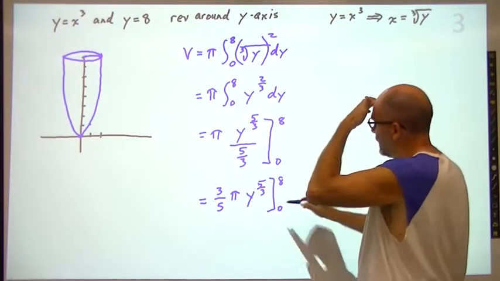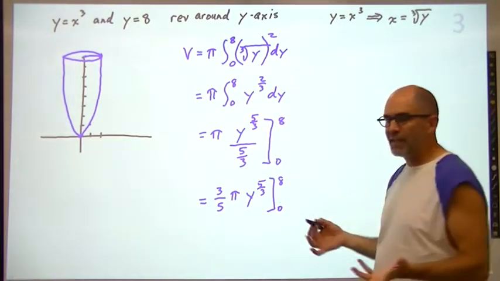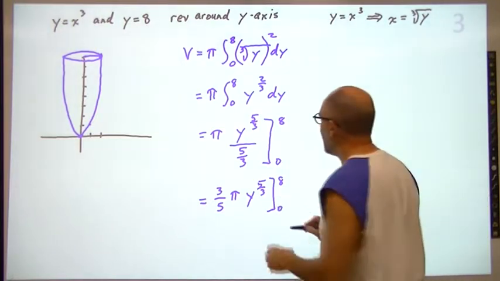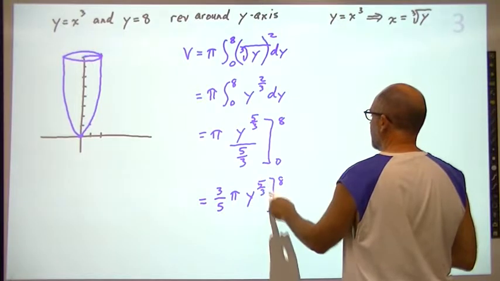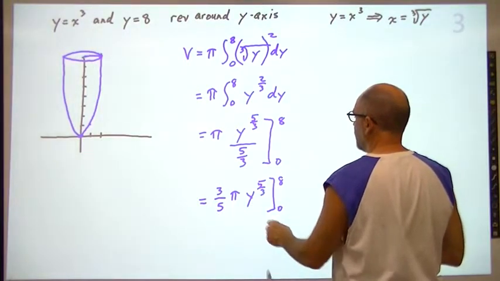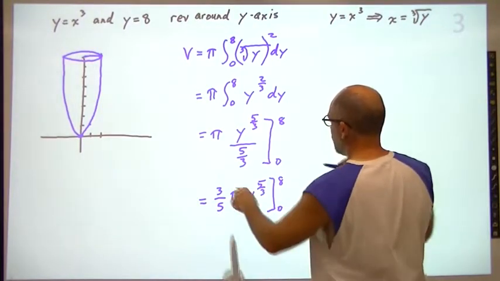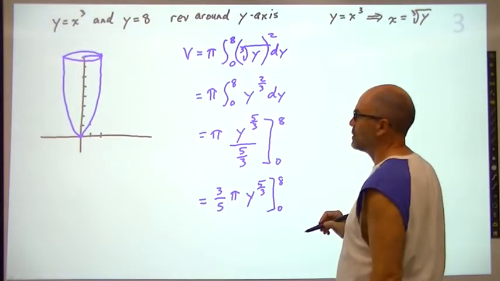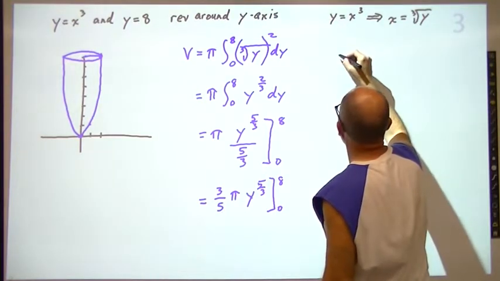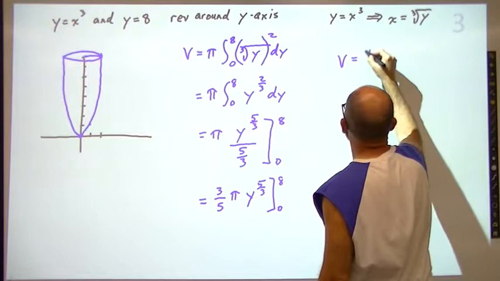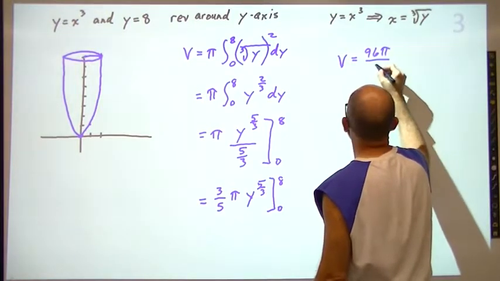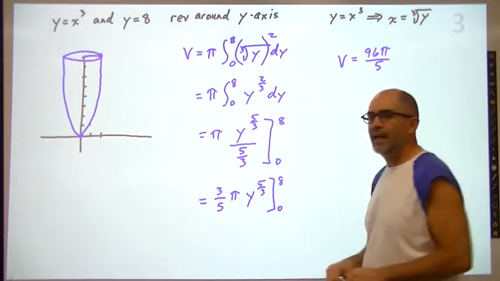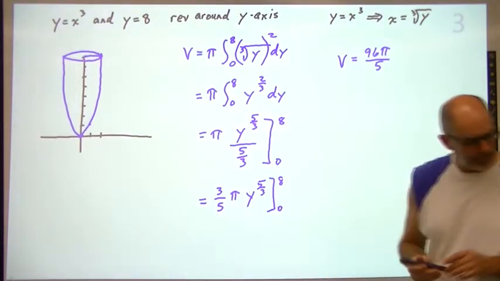Now 0 is going to make it 0, so that's nice. So we put in an 8 here, and the cube root of 8 is 2. 2 to the 5th is 32. So now we have 32 times 3, which is 96. So volume is going to equal 96 pi over 5. That's it, game over.